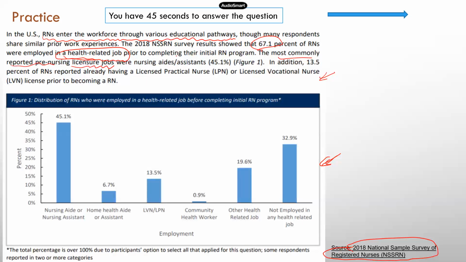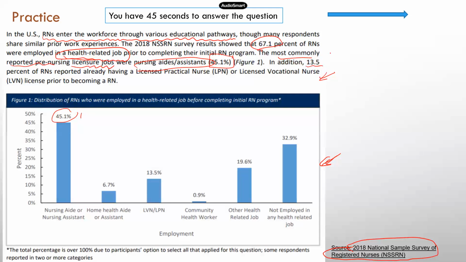So you can see the most common one is nursing aides or nursing assistants, right? And that's 45%. So that's the highest number. And then it talks about the next highest number. And then it talks about something that really kind of stood out, right?